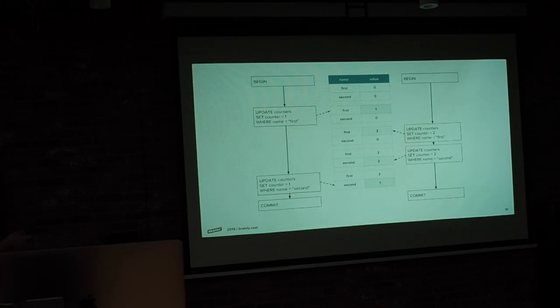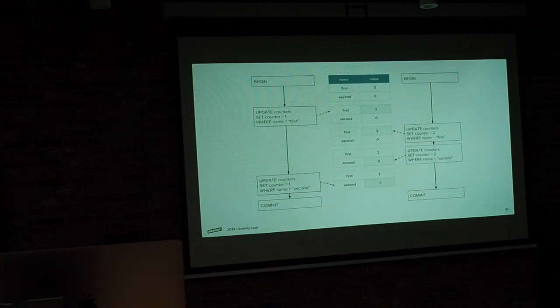What do they do? The left one starts, then sets both of those counters to its value, which is number 1 in both of those counters. The second transaction does exactly the same thing, but with a different number.